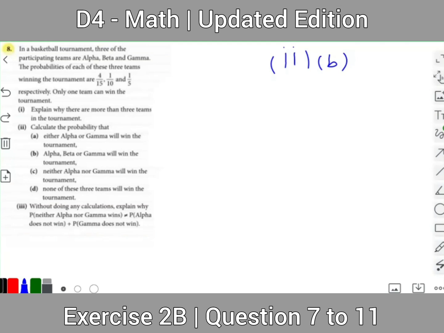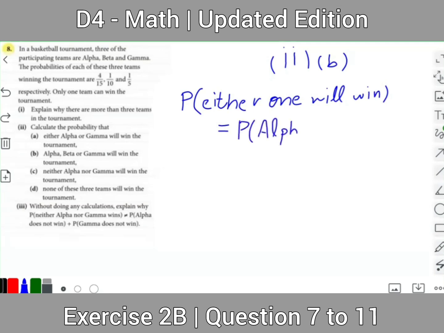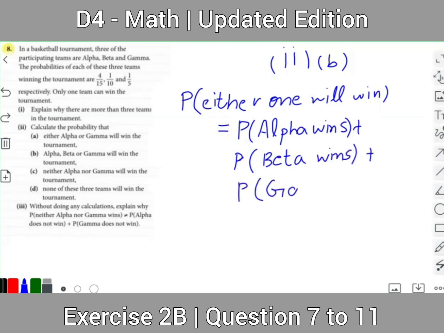So in part B, we have to find out the probability that either one will win, and that will be equal to the probability of alpha winning, add the probability of beta winning, add the probability of gamma winning.